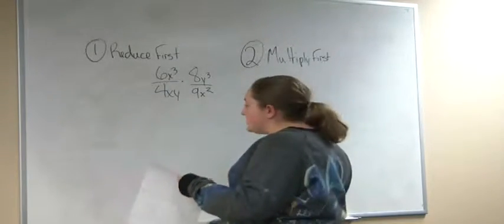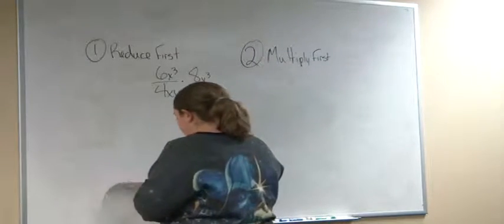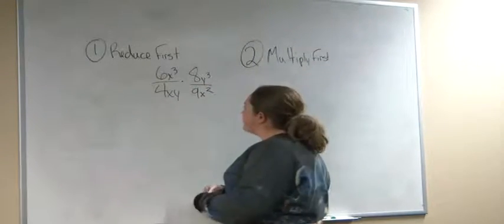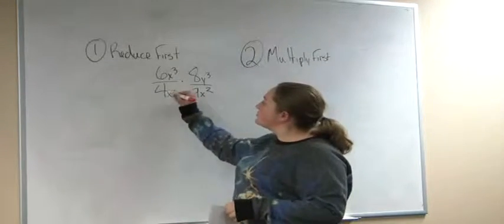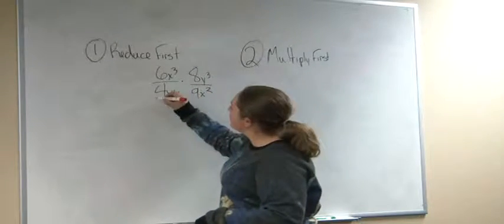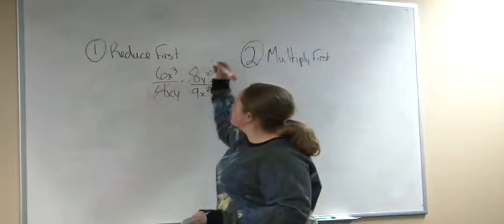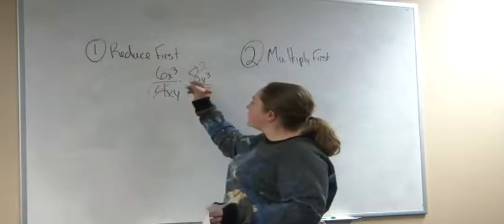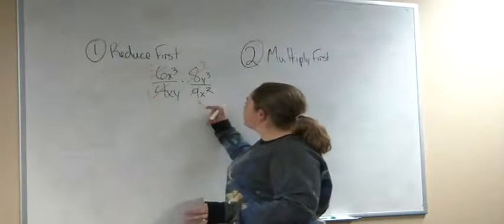So, step one is you cross cancel. This is what happens when you cross cancel. Since these two numbers and these two numbers can be reduced, I'm going to cross cancel. So you take a 4 out, so you're left with 1 and 2. And I can take a 3 out of these, so I'm left with 2 and 3.